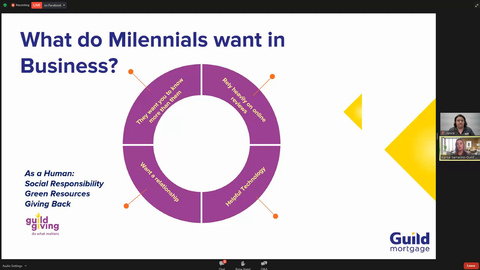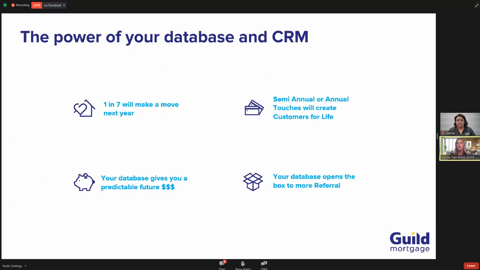You want to make sure that you're using a CRM so that you are retaining these clients and you have a good CRM that helps you with the things that Janice said, like birthdays and all those reminders so that you can really stay in touch with your clients and stay connected to them. So that's the power of your database and CRM. It's going to help you manage those things. It's going to help you manage your semi-annual and annual touches to really create customers for life.